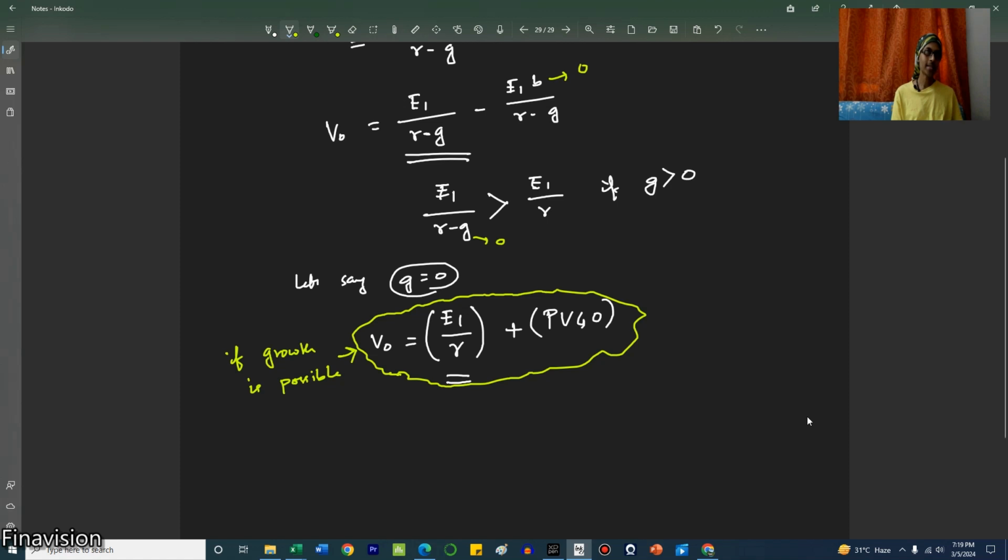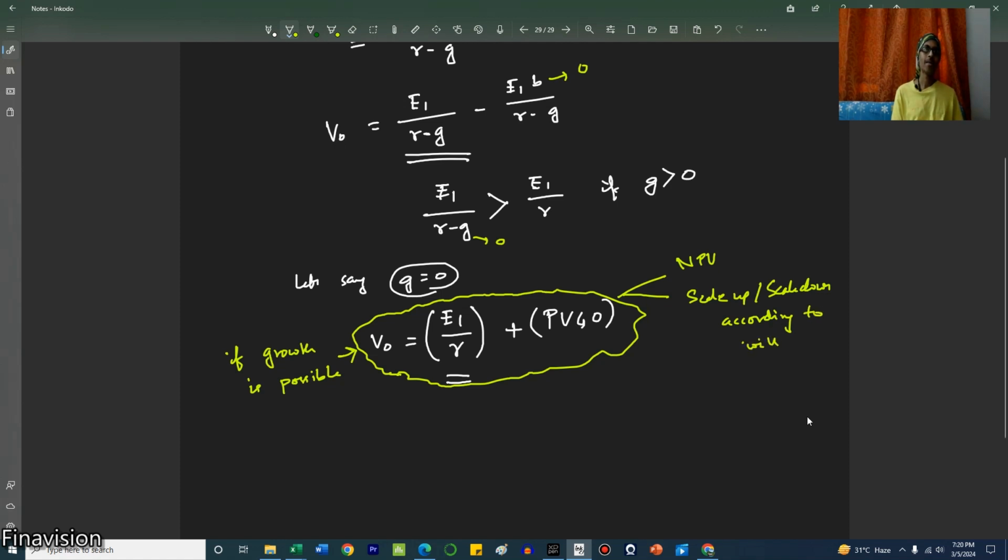Now what determines the present value of the growth opportunities? There are two factors. One is the value of the projects which can be taken. Second is, can I scale up or scale down according to my will, that is the promoter's will?